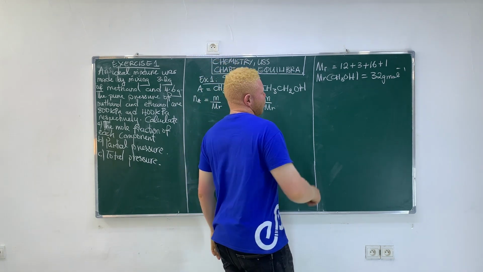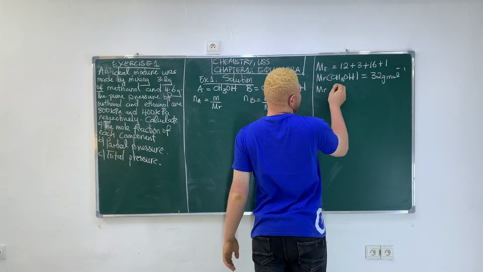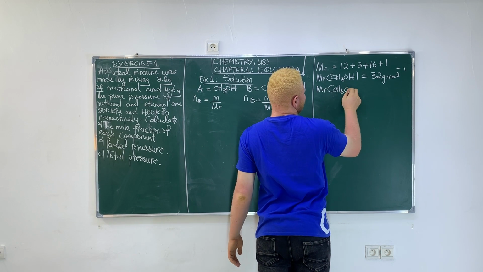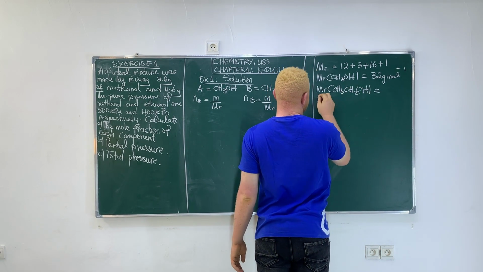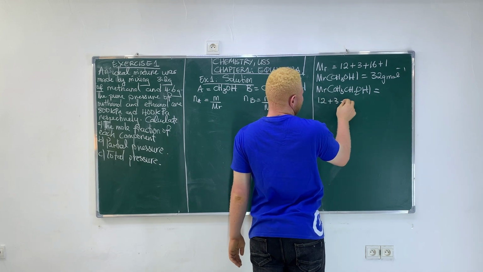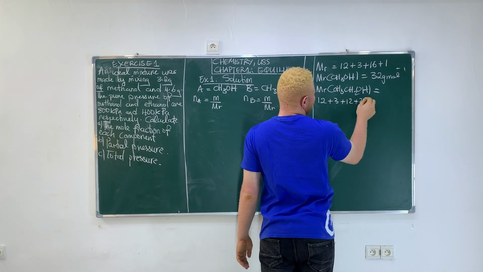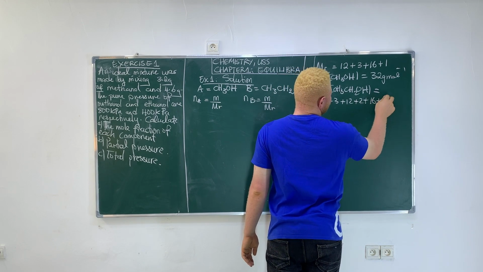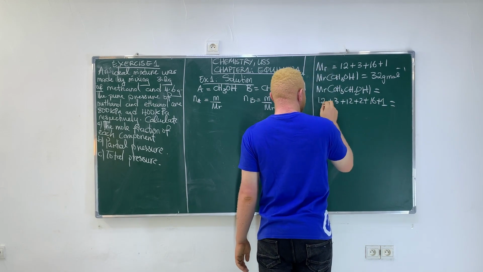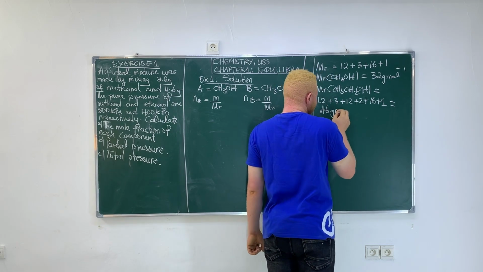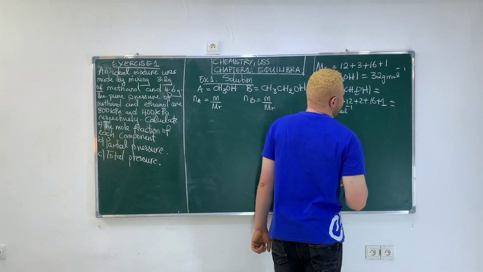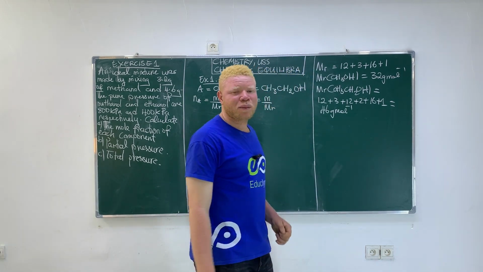The molar mass of ethanol, CH3CH2OH, is 12 plus 3 plus 12 plus 2 plus 16 plus 1, which gives us 46 grams per mole.